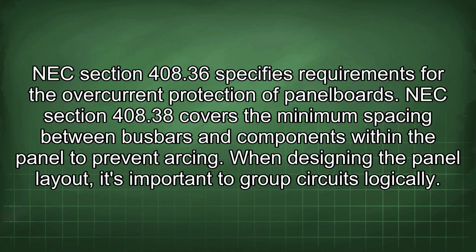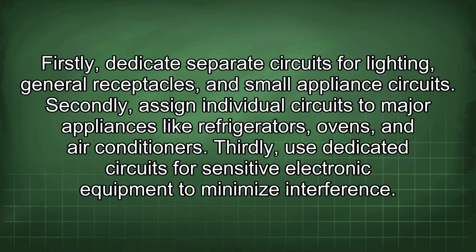When designing the panel layout, it's important to group circuits logically. Firstly, dedicate separate circuits for lighting, general receptacles, and small appliance circuits. Secondly, assign individual circuits to major appliances like refrigerators, ovens, and air conditioners. Thirdly, use dedicated circuits for sensitive electronic equipment to minimize interference.